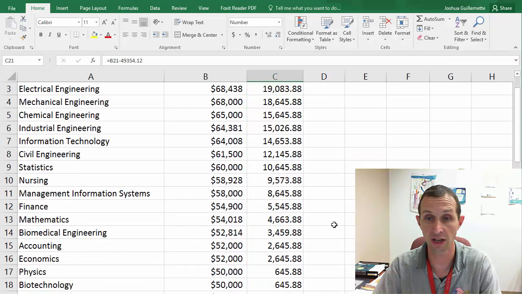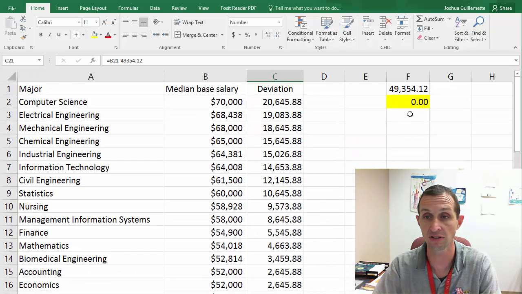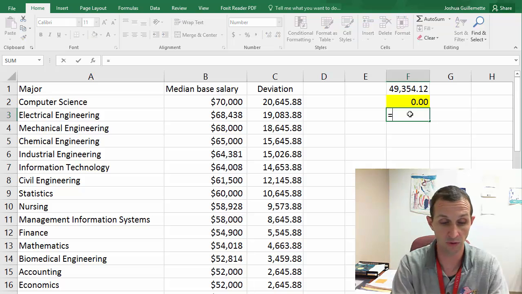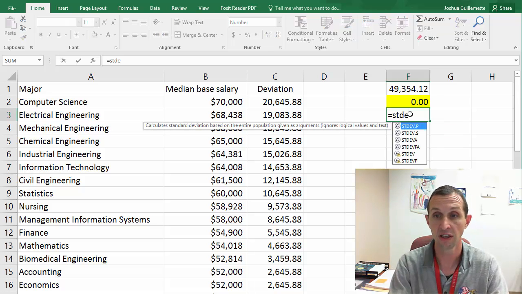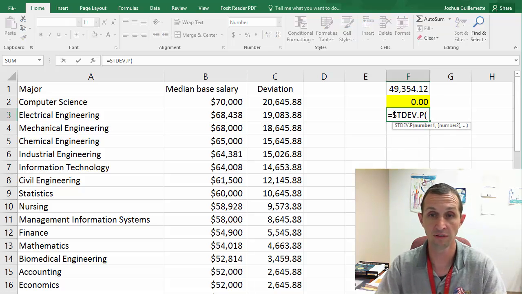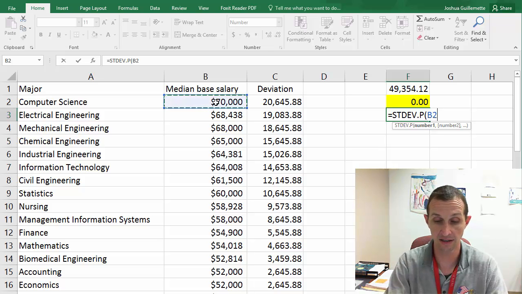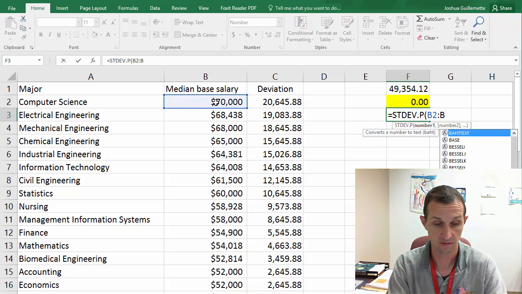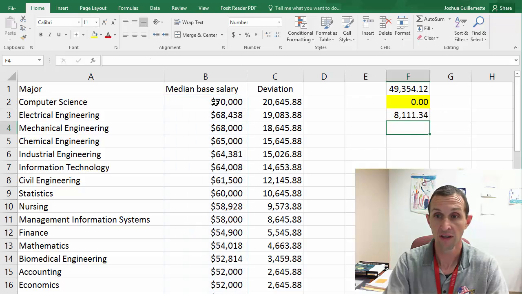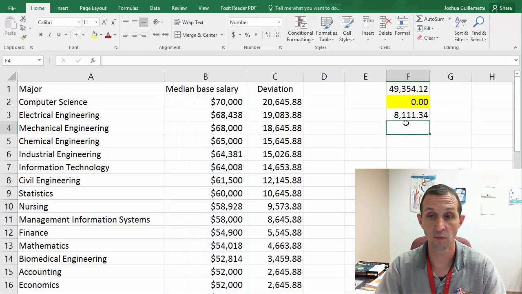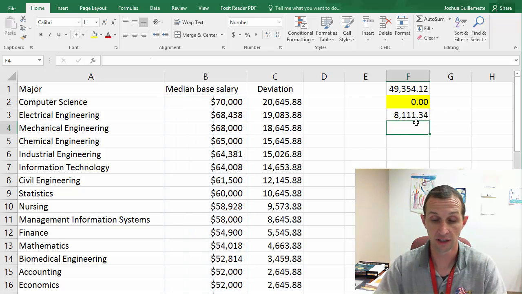And so from here, if I want to do the standard deviation of here, I'm going to do equals STDEV, and P is the first one. I take the data and I get 8,111.